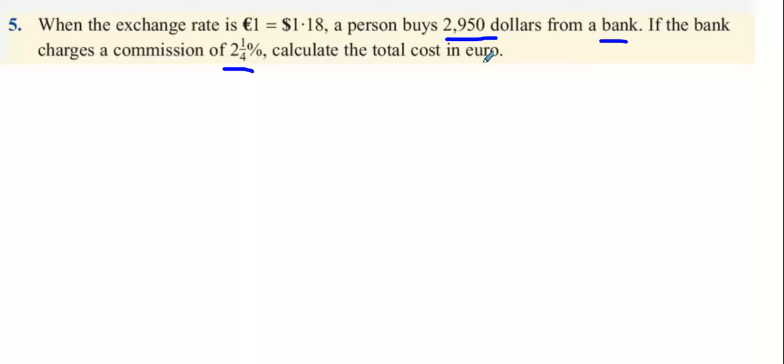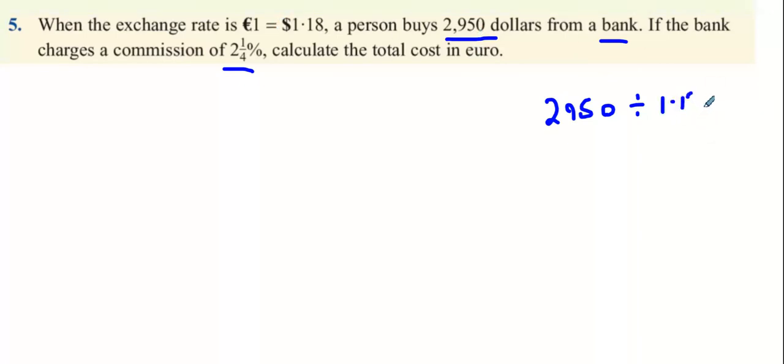So here's what I'm thinking, okay? Let's imagine there's no bank charge. If there's no bank charge, you'll divide the dollar amount into euro. So $2,950, if you divide that, it should be a smaller number for euro.